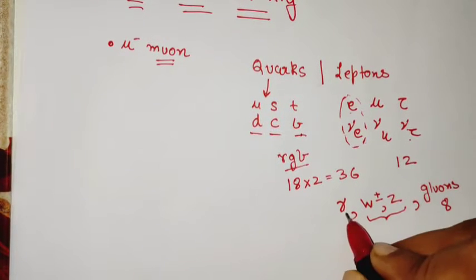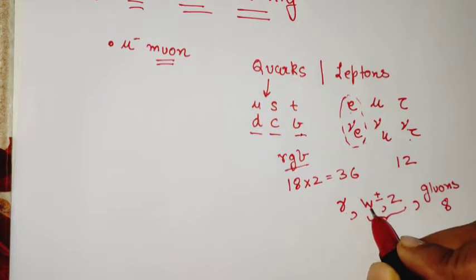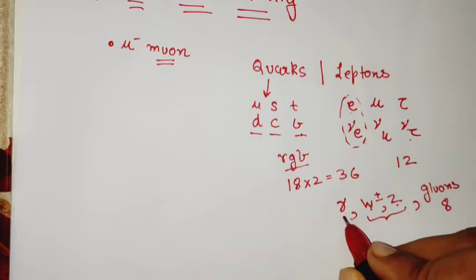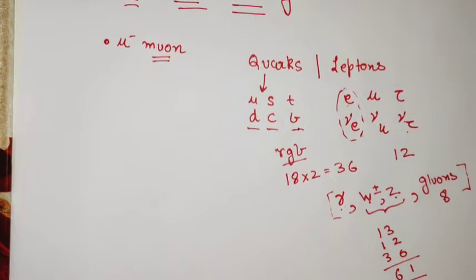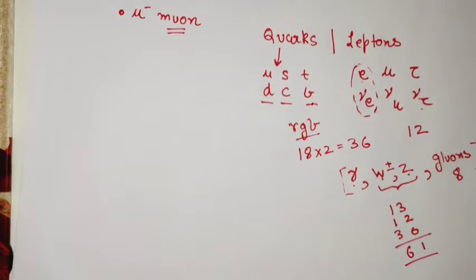So in total we have from here 8, 9, 10, 11, 12, and along with a Higgs particle we have 13 of them. So 13 plus 12 plus 36 is 61. So as per the standard model we are predicting 61 particles.